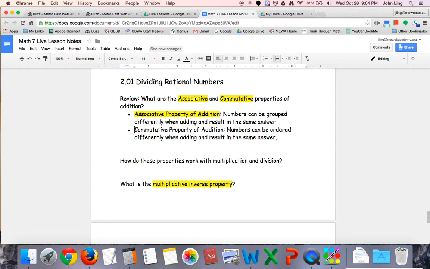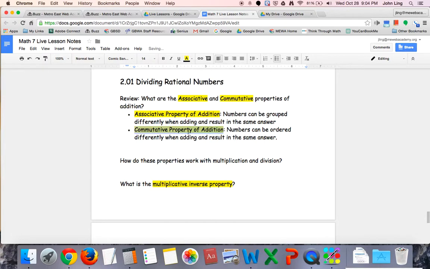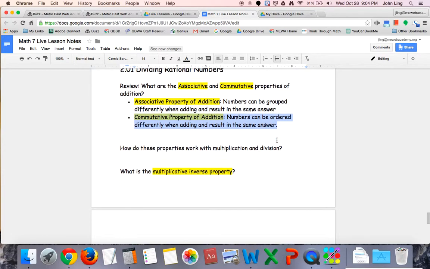And the commutative property of addition, like commuting in a car, moving around, said that we can move numbers around and order them differently when we're adding, and we result in the same answer. So it's the same thing with division and multiplication.